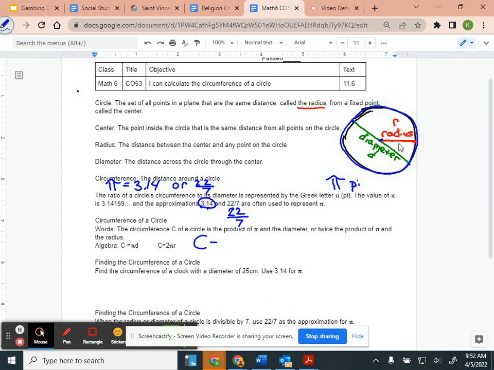So we could say C equals pi times the diameter, or C equals 2 pi r. Sometimes we're just given the r. So we would do 2 pi r because we have to multiply that radius by 2 to get the diameter. Or if they give us the diameter, we could just say pi times the diameter.